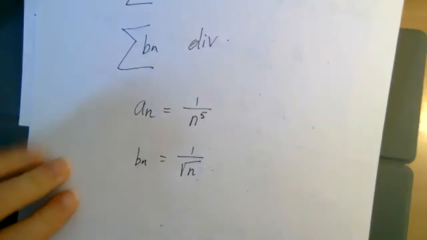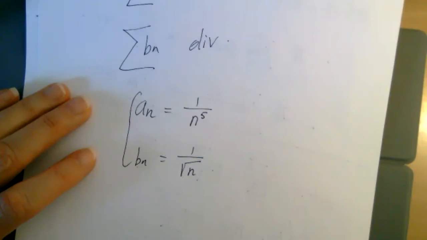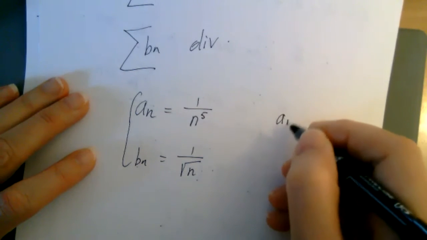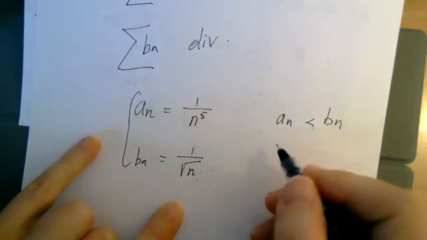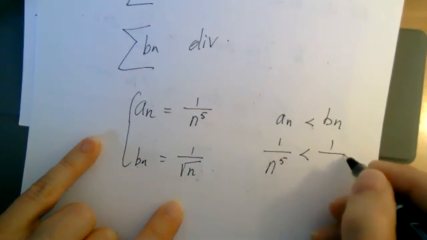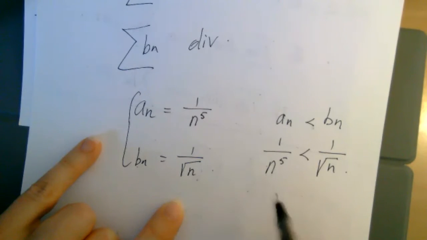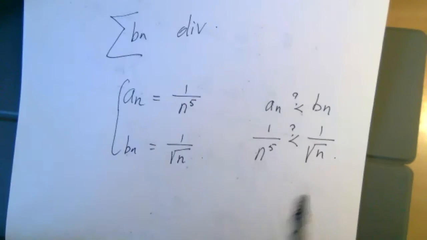All right, is this a correct scenario? First, we have to make sure that a_n is less than b_n. So I have to convince you that this property holds. What's a_n? 1 over n to the power 5. What's b_n? 1 over the square root of n. Is this inequality true, is 1 over n^5 less than 1 over the square root of n?